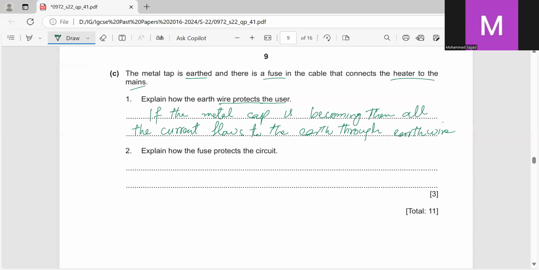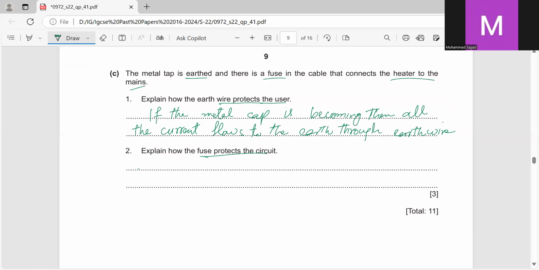Next, explain how the fuse protects the circuit. Yes, it is a weak link. It is connected in series. So when current gets higher than its rating, the fuse wire melts and it breaks the circuit. That's what I'm going to write.